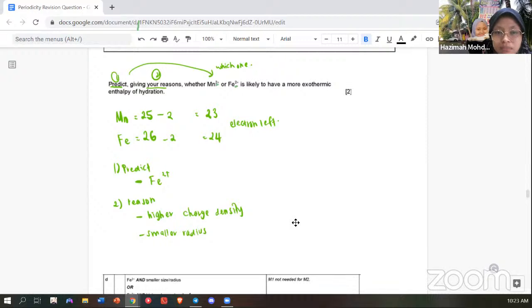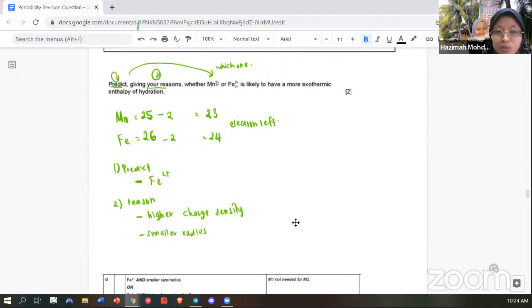So meaning Mn ni dia ada 25 proton akan tarik 23 elektron. Fe ni pula dia ada 26 proton, dia akan tarik 24 elektron. So kita tahu yang banyak proton akan tarik lebih kuat elektron. Betul tak?